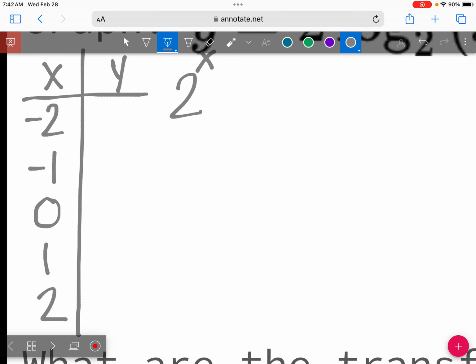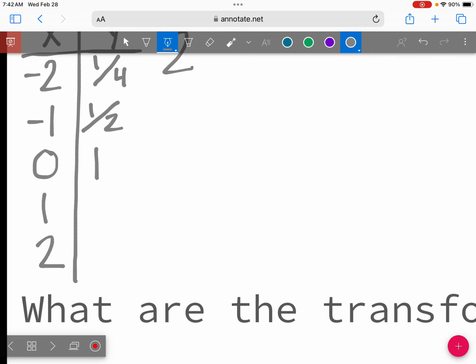So 2 to the power of -2 is 1 over 2 squared, or 1 over 4. 2 to the power of -1, that's 1 over 2 to the first, or 1 over 2. Anything raised to a 0 power is 1. 2 to the first is 2, and 2 squared is 4.